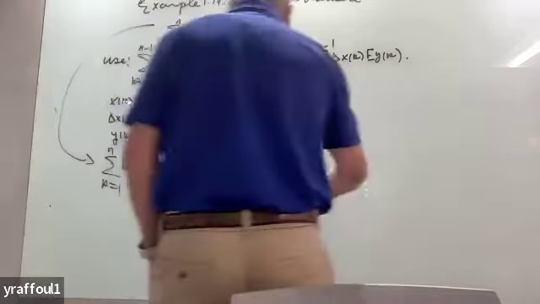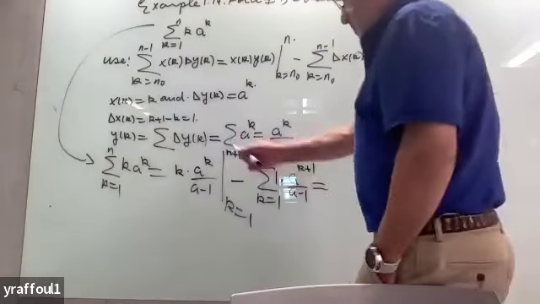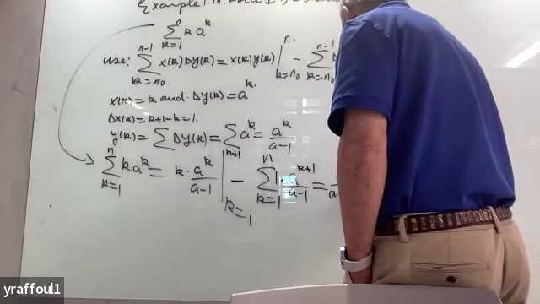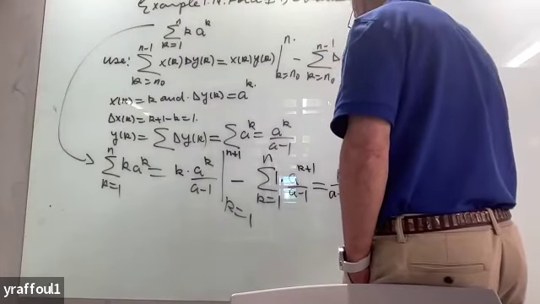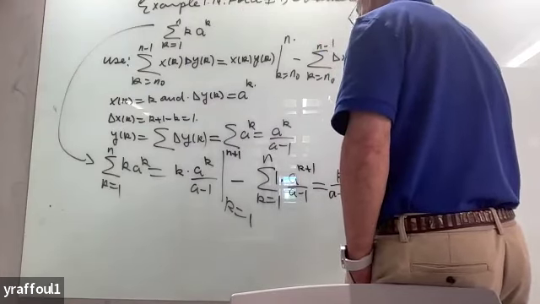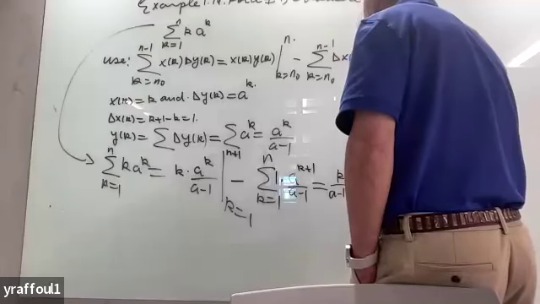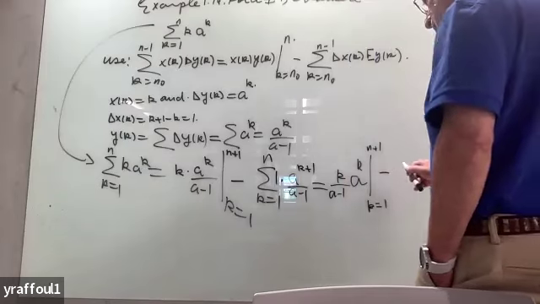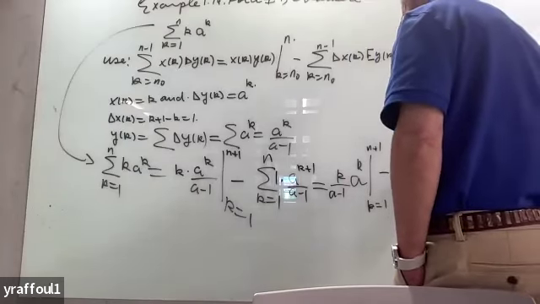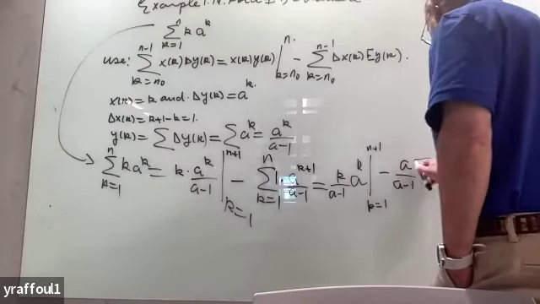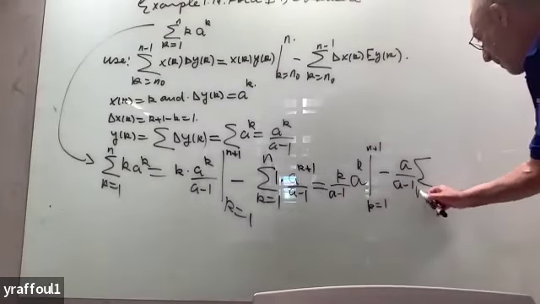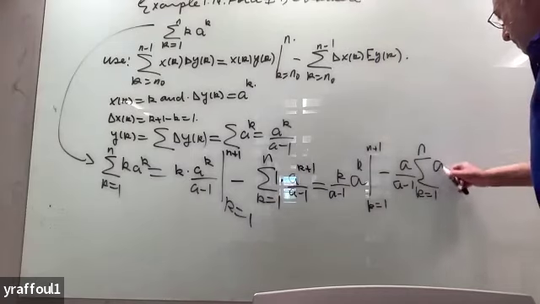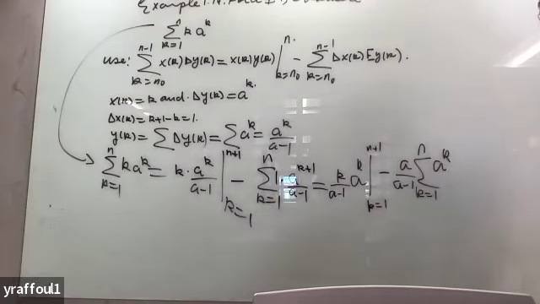So let's continue. That is k over a minus 1 a^k from k equal 1 to n plus 1, minus a over a minus 1, k is 1 to n, a^k.